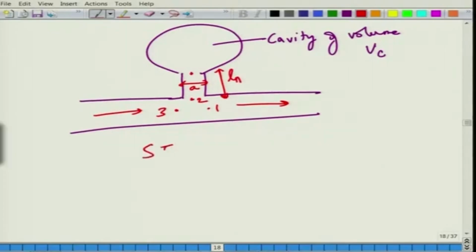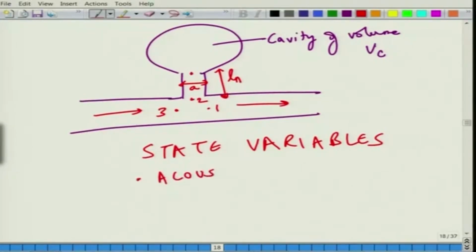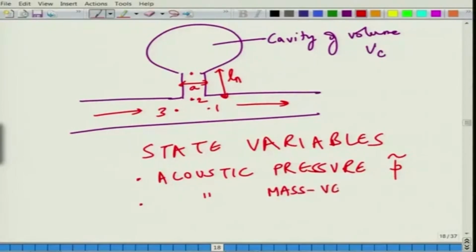State variables, at least in the context of muffler acoustics or a general ducted system, are your acoustic pressure variable denoted by P tilde, and acoustic mass velocity, which is what we are working in because of conservation of mass, let us say V tilde.